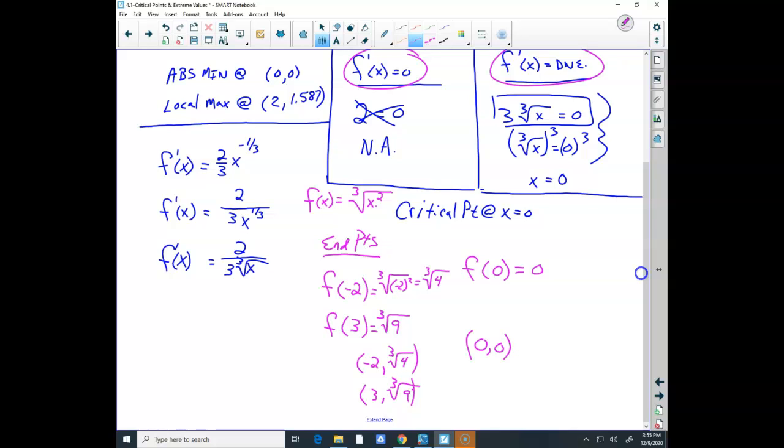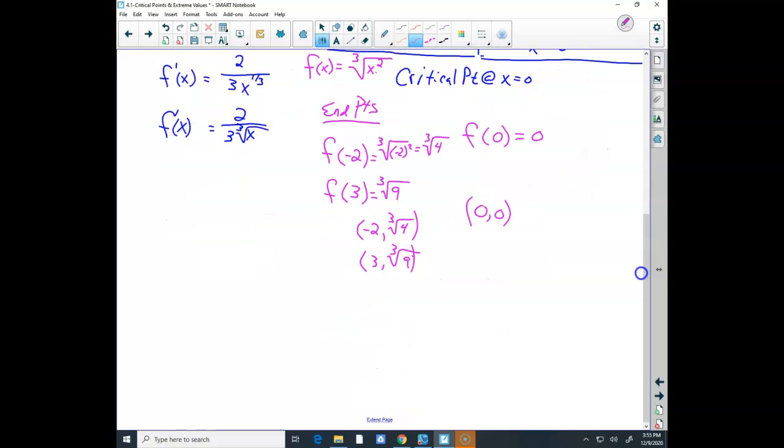Hopefully you can reason through here and see these are both positive y values. This one is not, so this is my absolute minimum. Over here, because this is higher, that's my absolute max, which makes this one, the cubed root of 4, a local min or relative min.